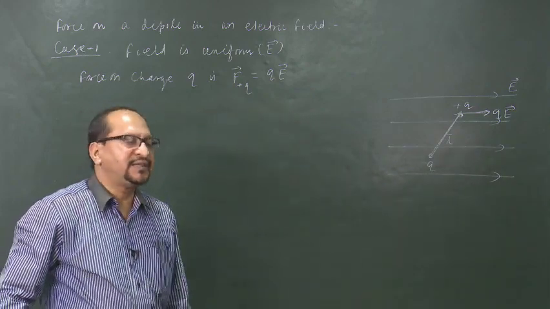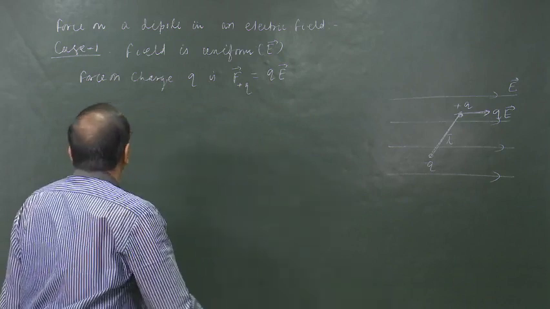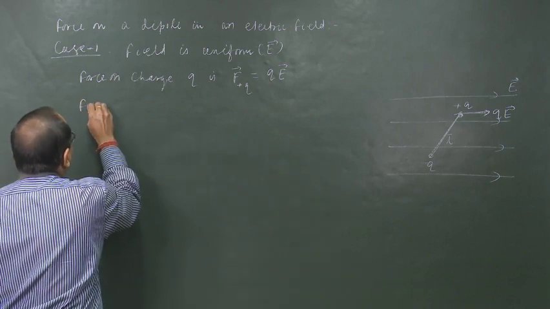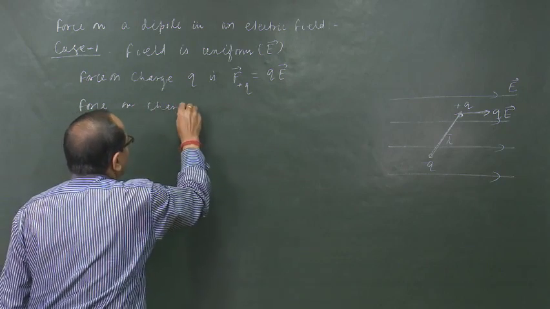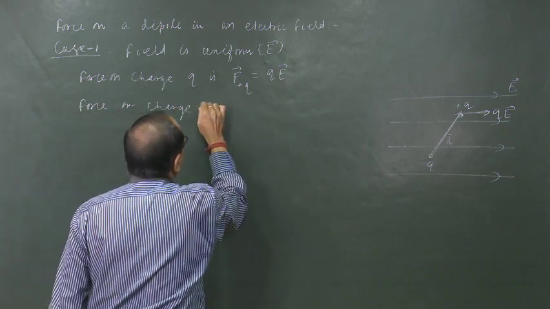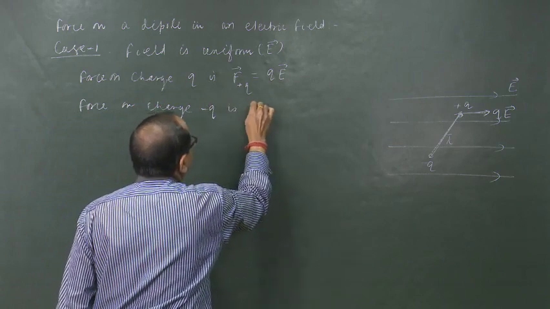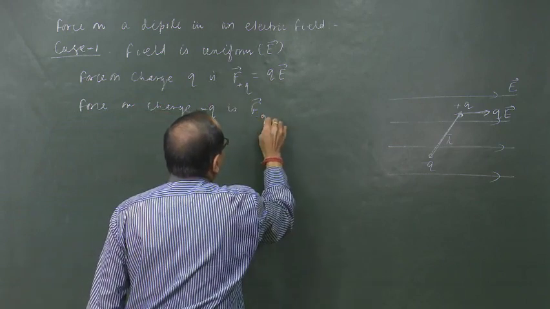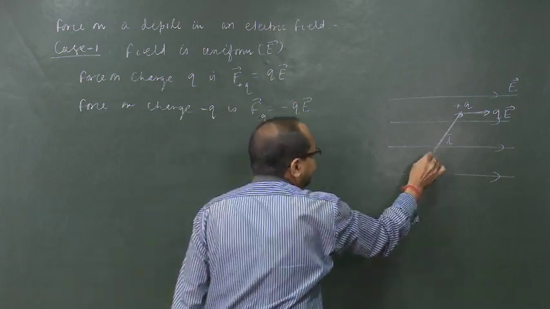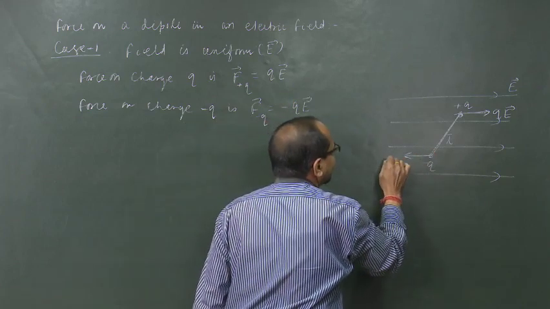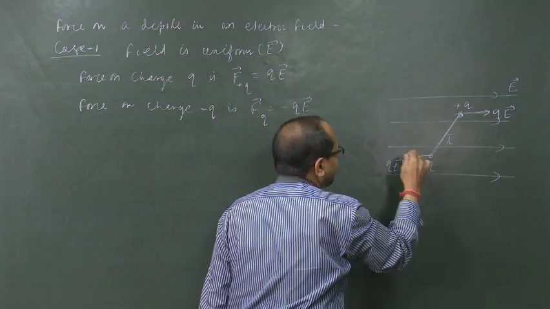So, force on the charge is charge into field, and the force on charge minus q is F minus q is equal to minus q into E, because the negative charge always experiences a force in a direction opposite to the field.